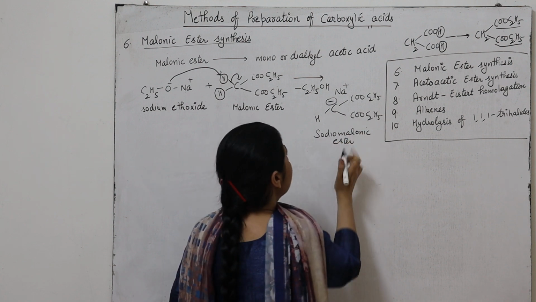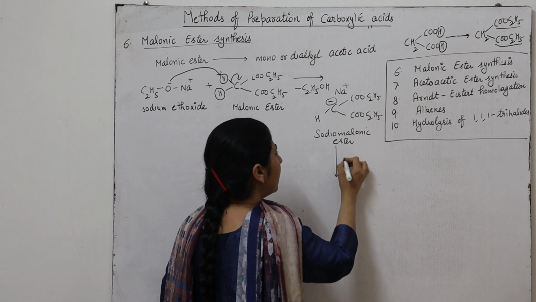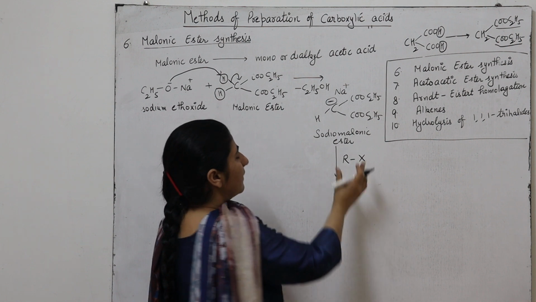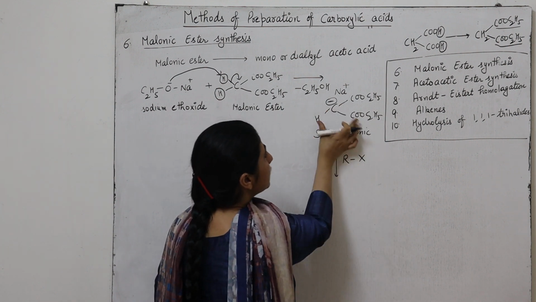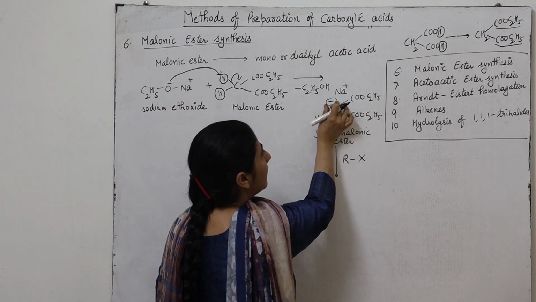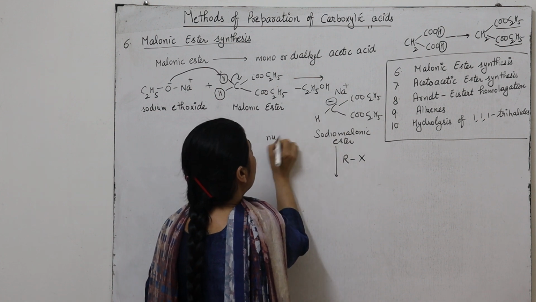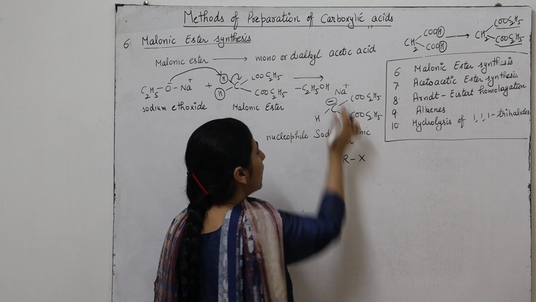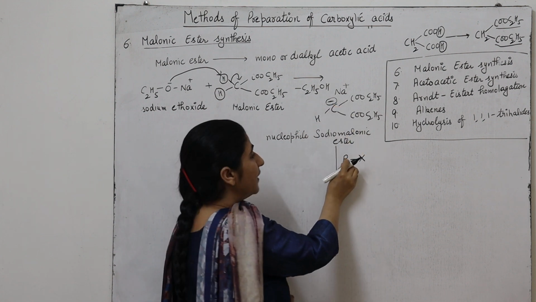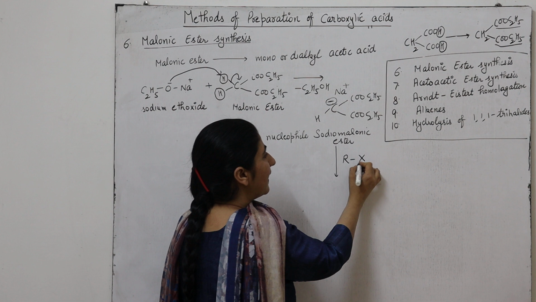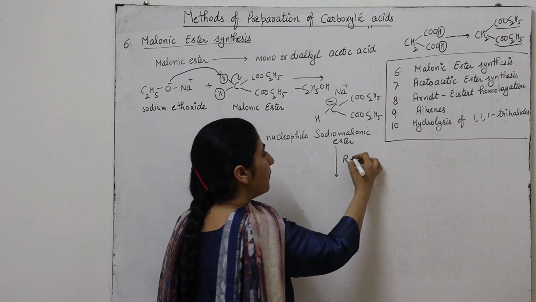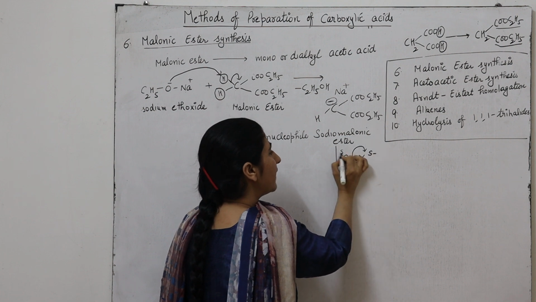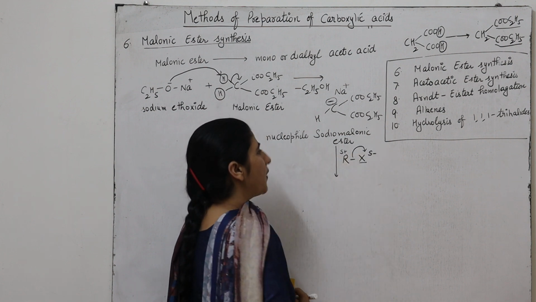This sodium malonic ester further reacts with an alkyl halide. This carbanion acts as a nucleophile. Nucleophile means it has a tendency to attack an electron deficient site. The halide group is more electron withdrawing, so it withdraws the electron toward itself and acquires a negative charge, whereas the alkyl group acquires a positive charge.